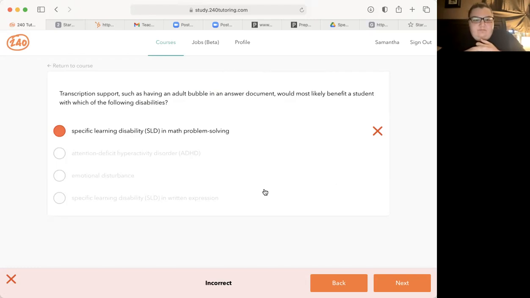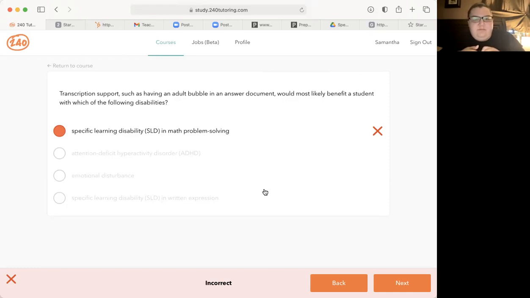Adult bubble, transcription support, learning, written expression, I would say, because it's transcribing. So I would say it was specific learning disability in written expression. Yeah, an adult bubble.